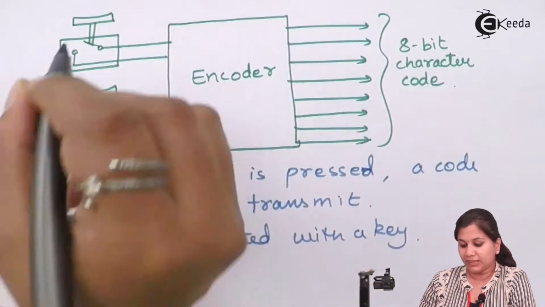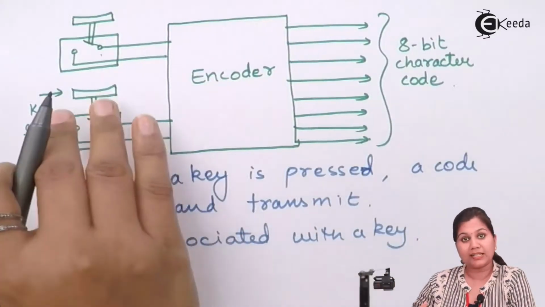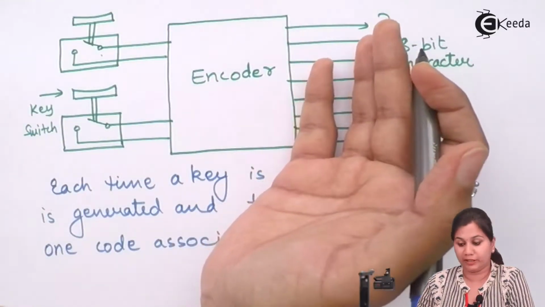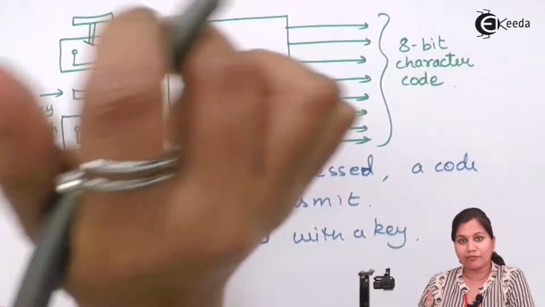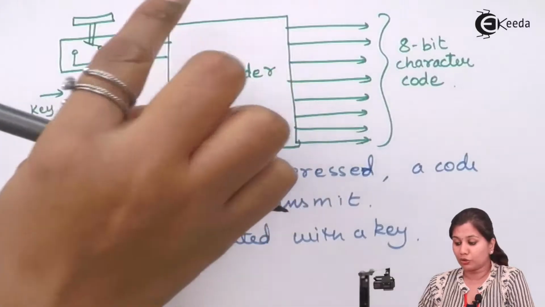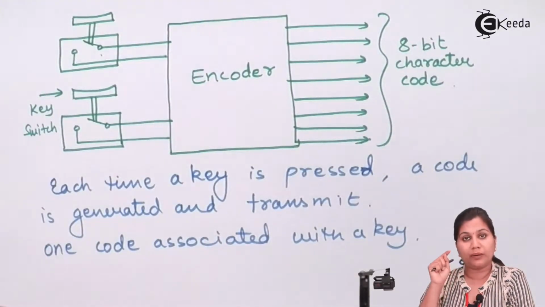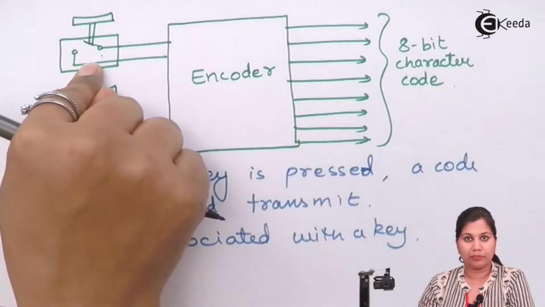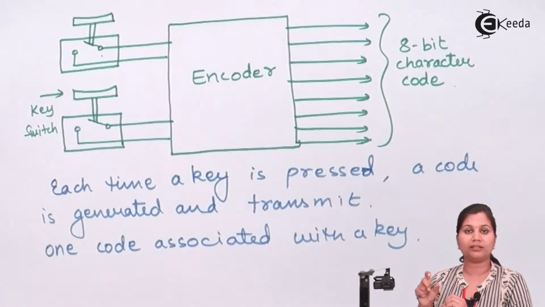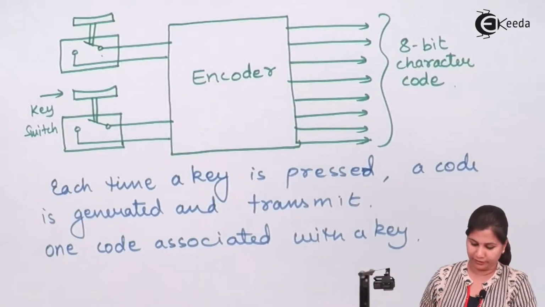It means that when this key is pressed, an 8-bit code will be generated. When this key is pressed, then another 8-bit code will be generated. So every key will have one particular proper code associated with it, so that when the microcontroller decodes that code, it is going to identify that this key is being pressed. So for each key, there is one particular code.